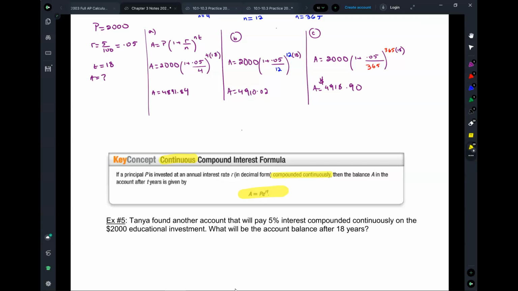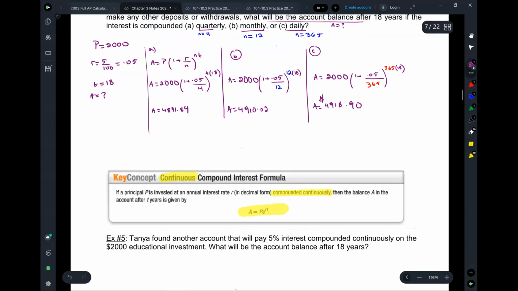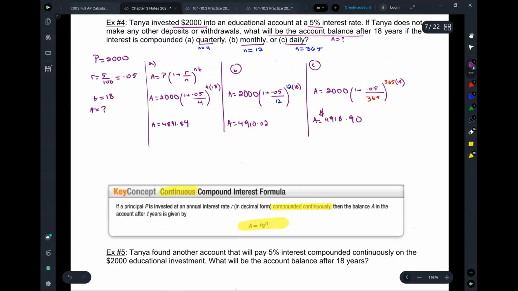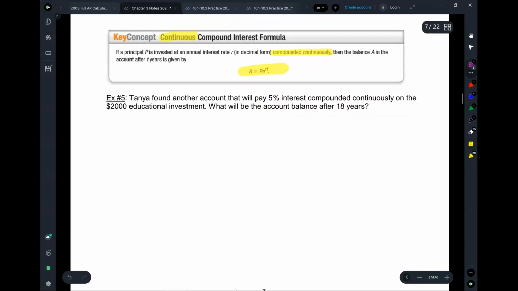A equals P e to the rt. Okay? All right. So this Tanya person found another account that says 5% interest continuously on the $2,000 investment because they were on such a roll over here, right? So they're like, okay, imagine how much more money I'm going to get then. So let's see. How much are we going to get after 18 years?